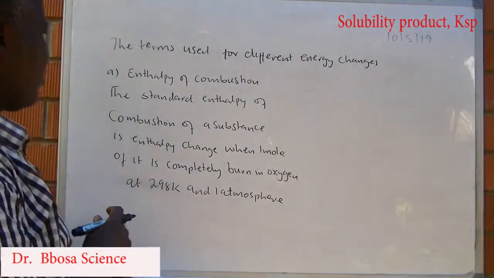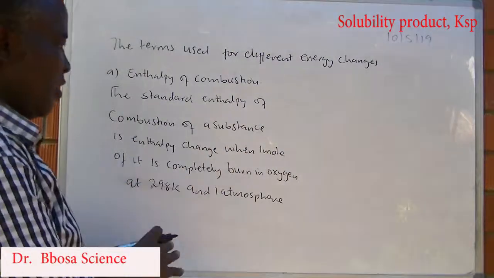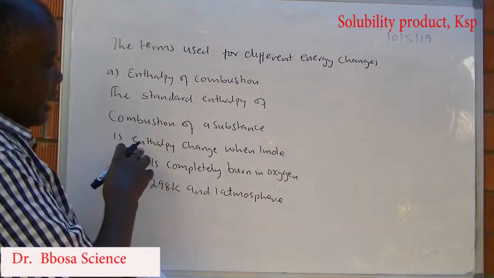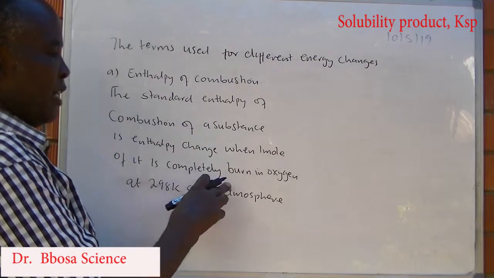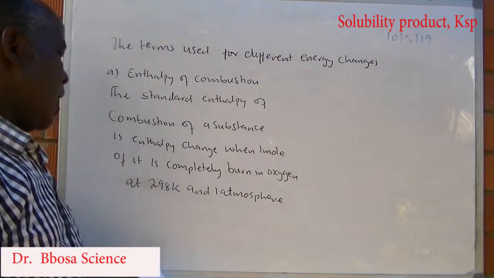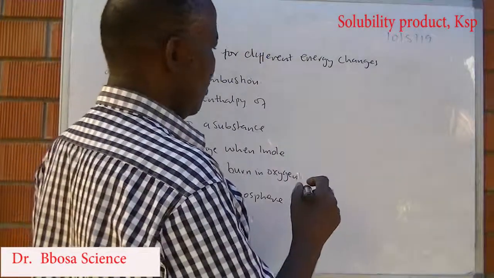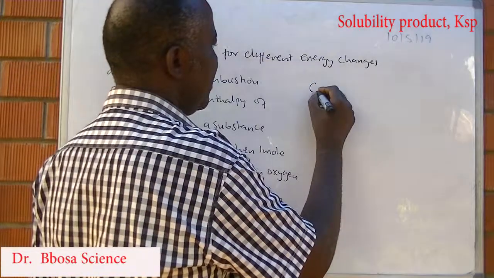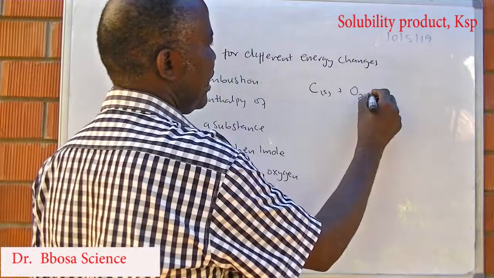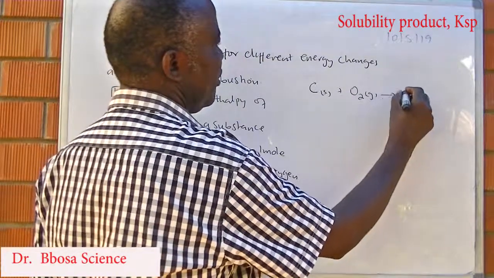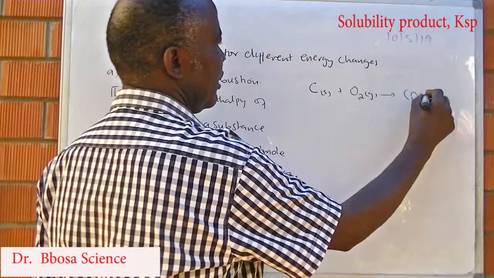Each enthalpy change is given a name for easy identification as follows. A. Enthalpy of combustion. The standard enthalpy of combustion of a substance is the enthalpy change when 1 mole of it is completely burned in oxygen at 298 K and 1 atmosphere. For example, carbon solid plus oxygen gas will give you carbon dioxide gas.